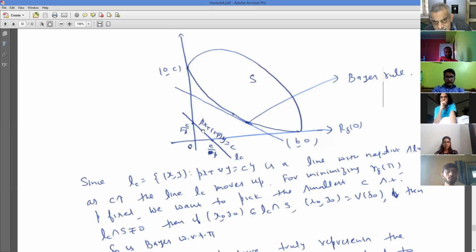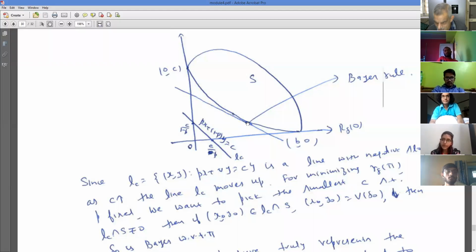So I keep moving this line parallelly until I get a point x, y in S such that this line touches over here, because for that C would be minimum. When I do it, I see it touches over here. So this corresponds to the Bayes rule. Is that okay?